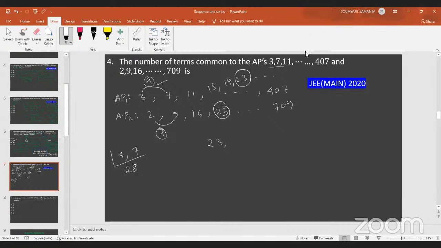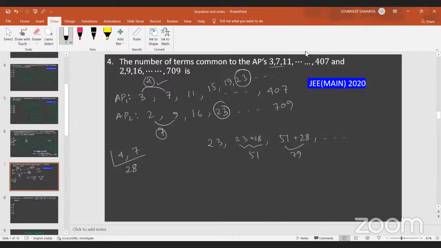So the next common term of these two APs will be 23 plus 28, which is 51. And the next common term will be 51 plus 28, which is 79.